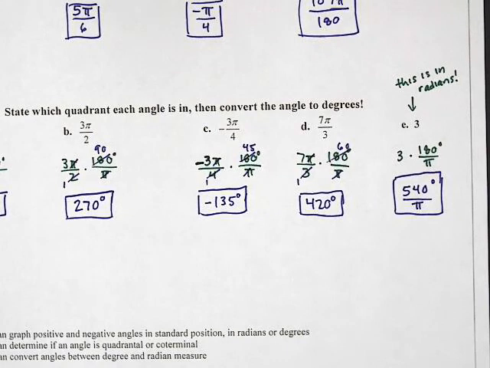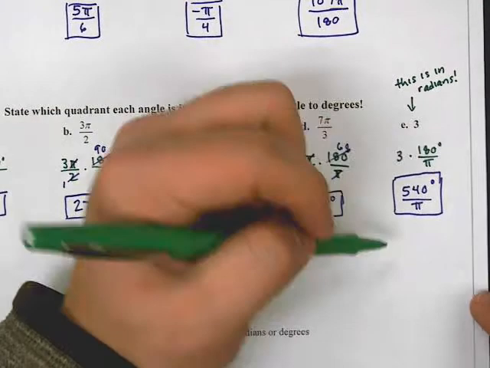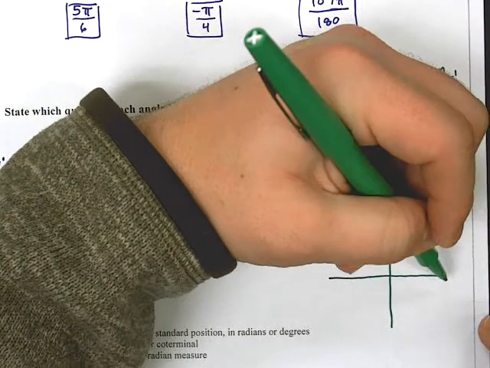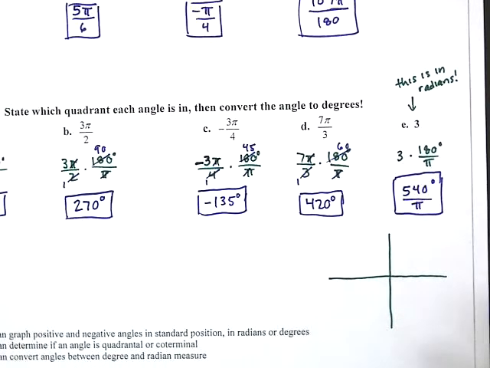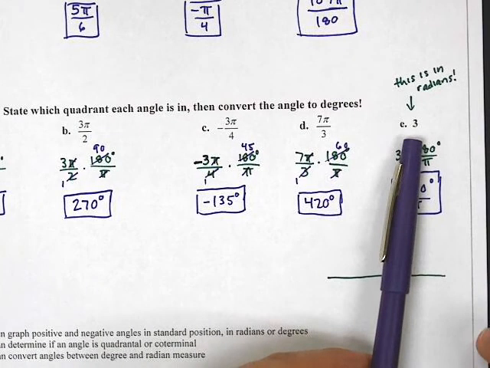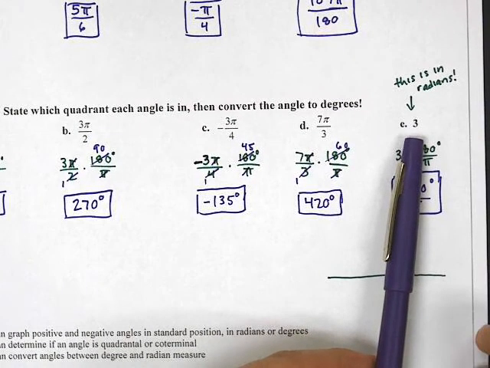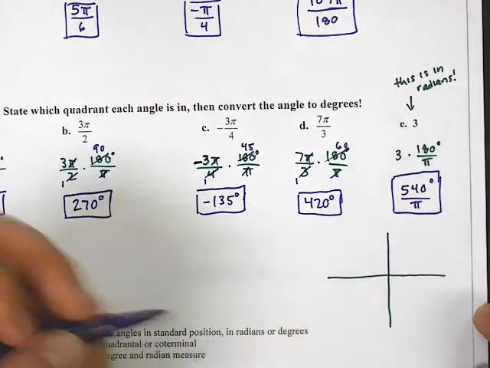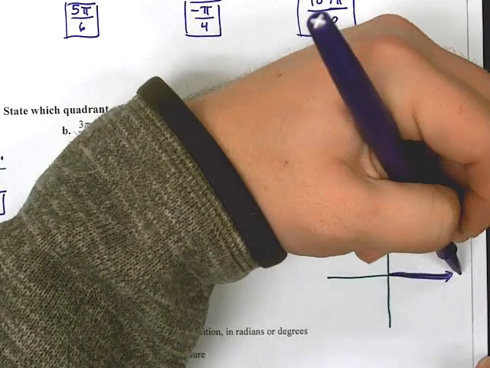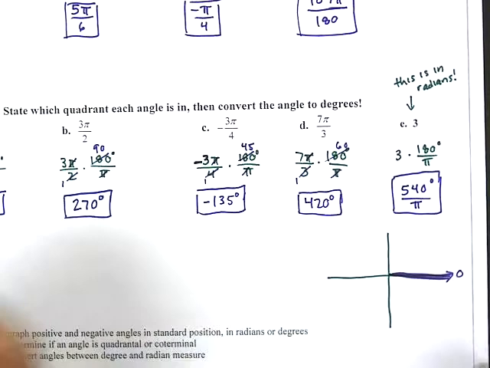The other thing I want to actually do real quick with you guys, just because we'll probably ask you something like this at some point, is how would you graph something like this? If your measurement is 3 radians, well, what I would want you to know is that if this is 0, here's our initial at 0, and this is pi.